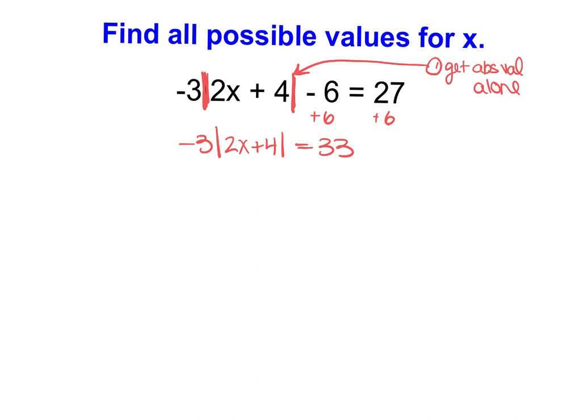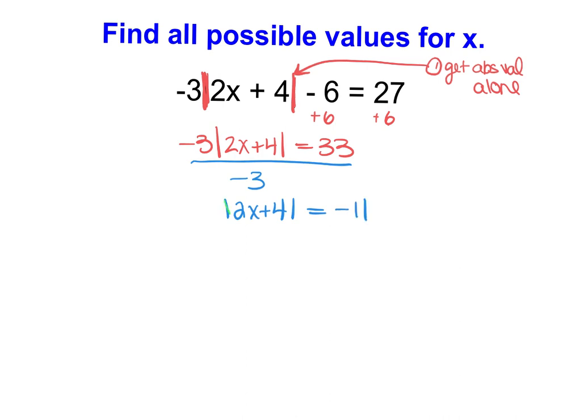And then from here, I still need to get the absolute value alone. I cannot distribute inside. So we divide each side by negative 3. And we have the absolute value of 2x plus 4, and that is equal to negative 11.